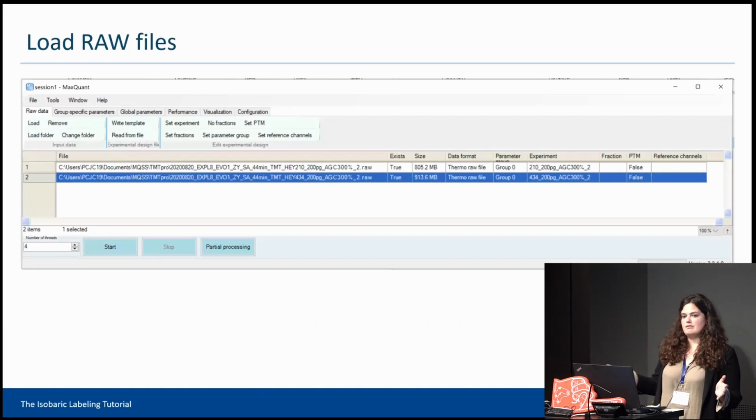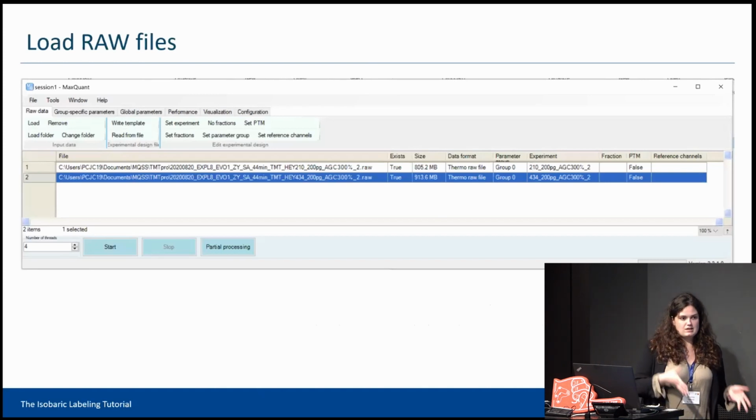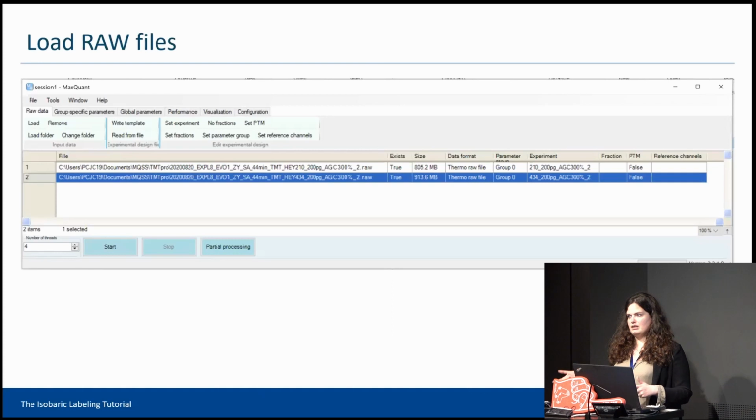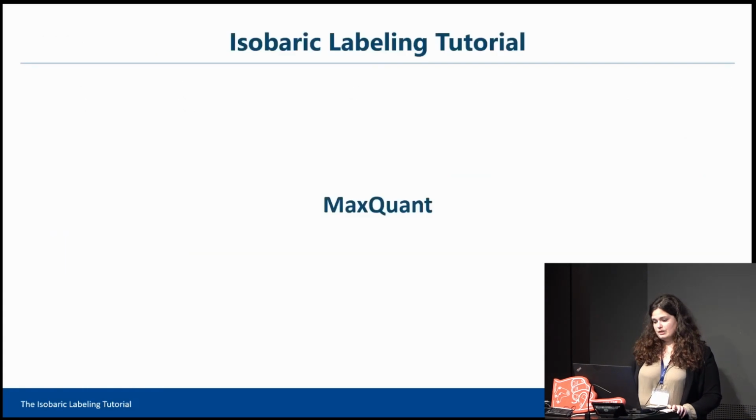In the USB drive, you can do that whenever you want if you want to use this data set. These 2 raw files are just to give you an idea of how to run the data set. But if you want to do it completely across all the carrier channels and all the species, please have a look at the paper.